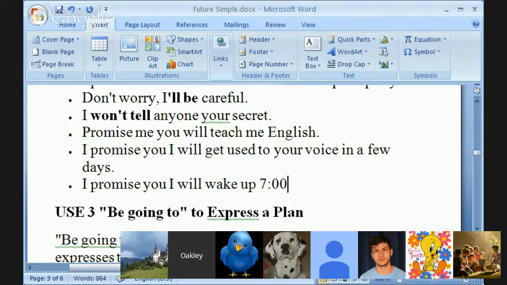Well, almost. 7 in the morning. Okay. You need to make it a prepositional phrase, and also wake up. What do I need here? There's something missing. At. Yep, that's right. Very good. Specific time, so you need at, the preposition at. Very good. I promise you I will wake up at 7 in the morning.